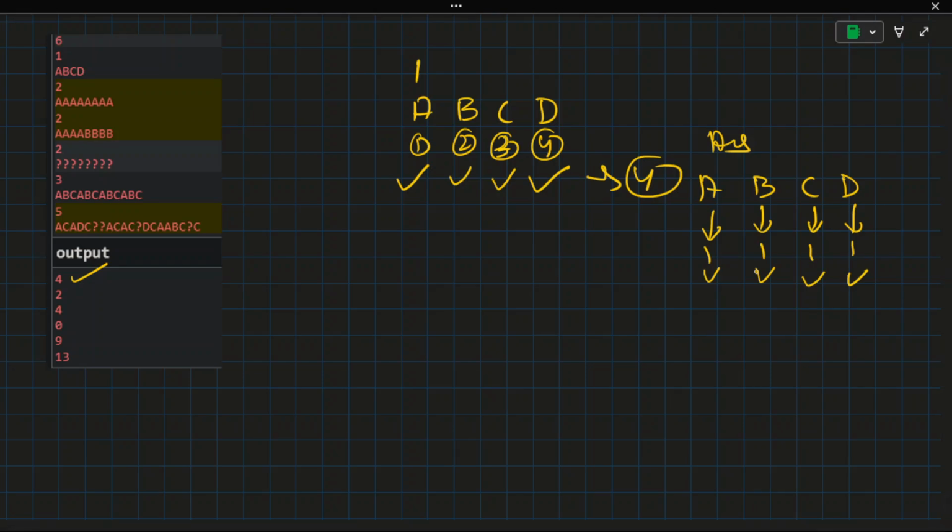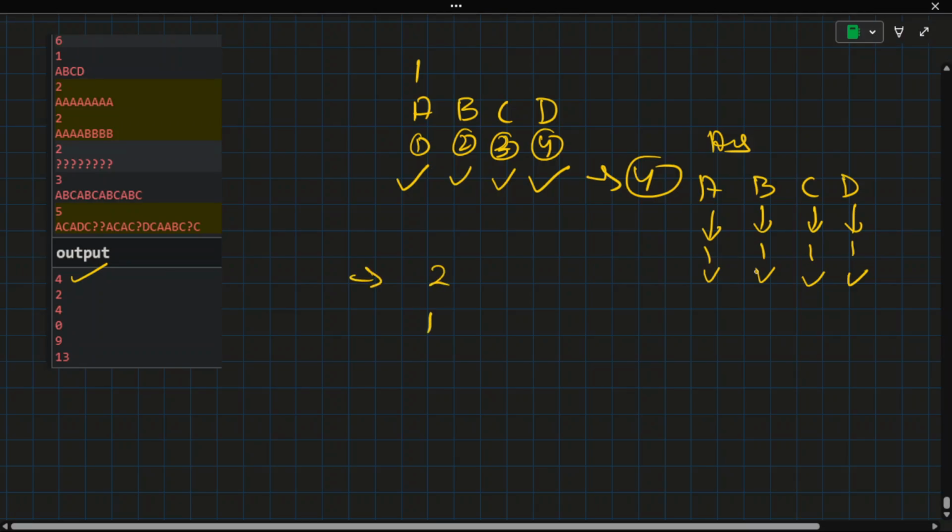Then for the second test case, n is 2 and the answer sheet is eight A's.